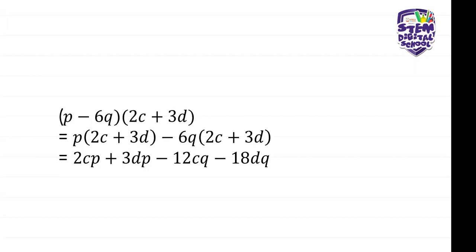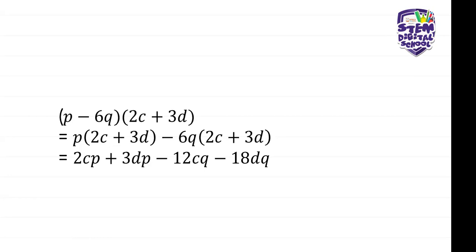And then all that you need to do is to take the first term from the first bracket and multiply it with the second bracket. Like in this case, you've got P into 2C plus 3D. That is what you have.